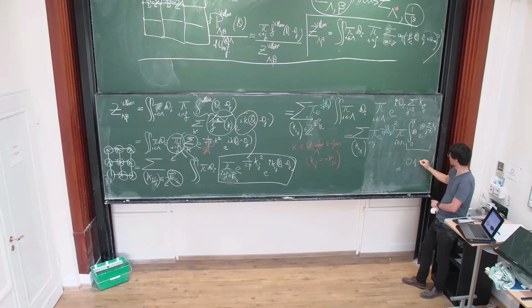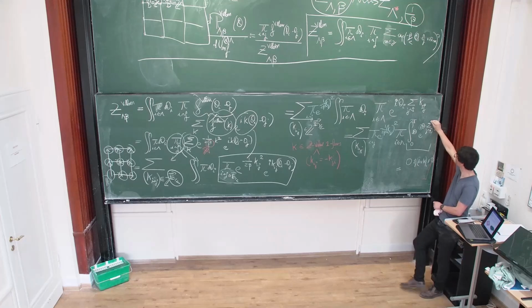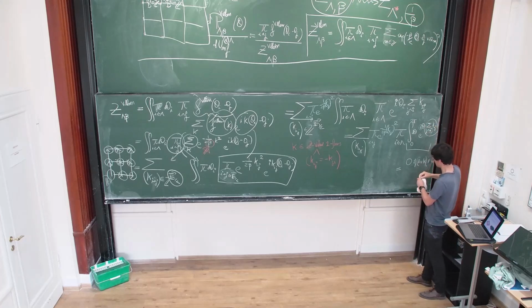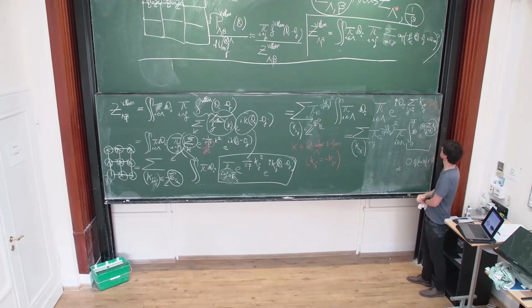By definition, this is the divergence of the one form k at the point i.